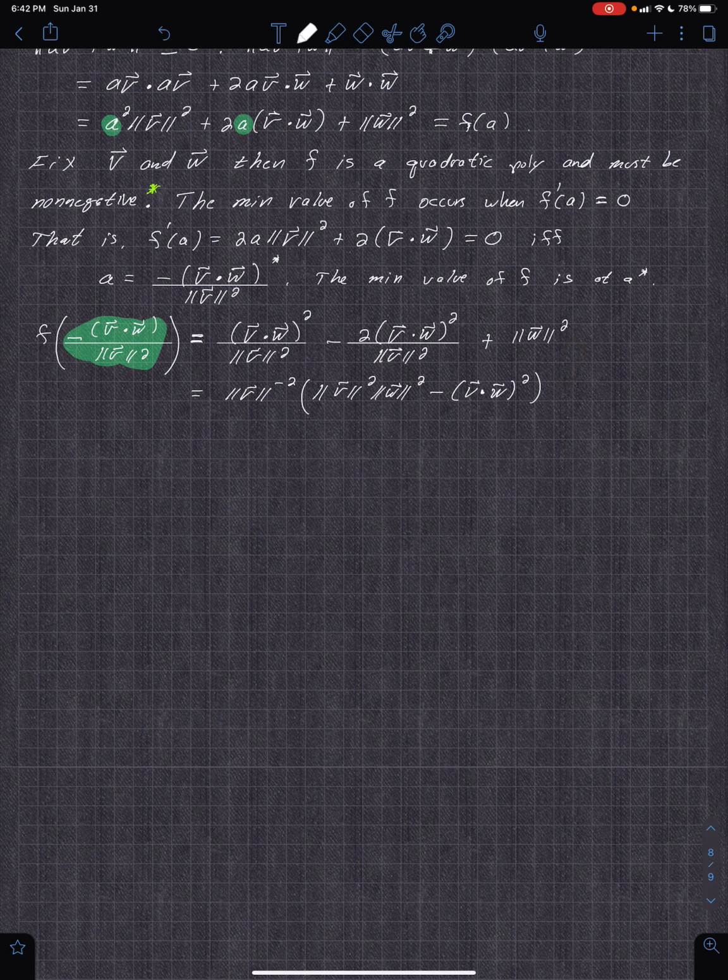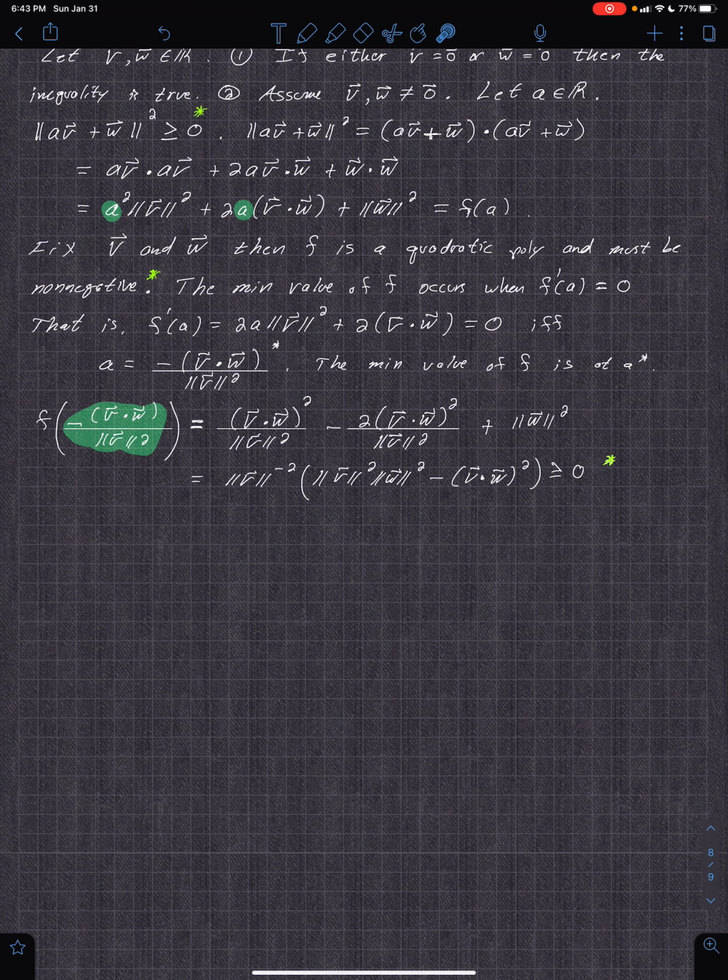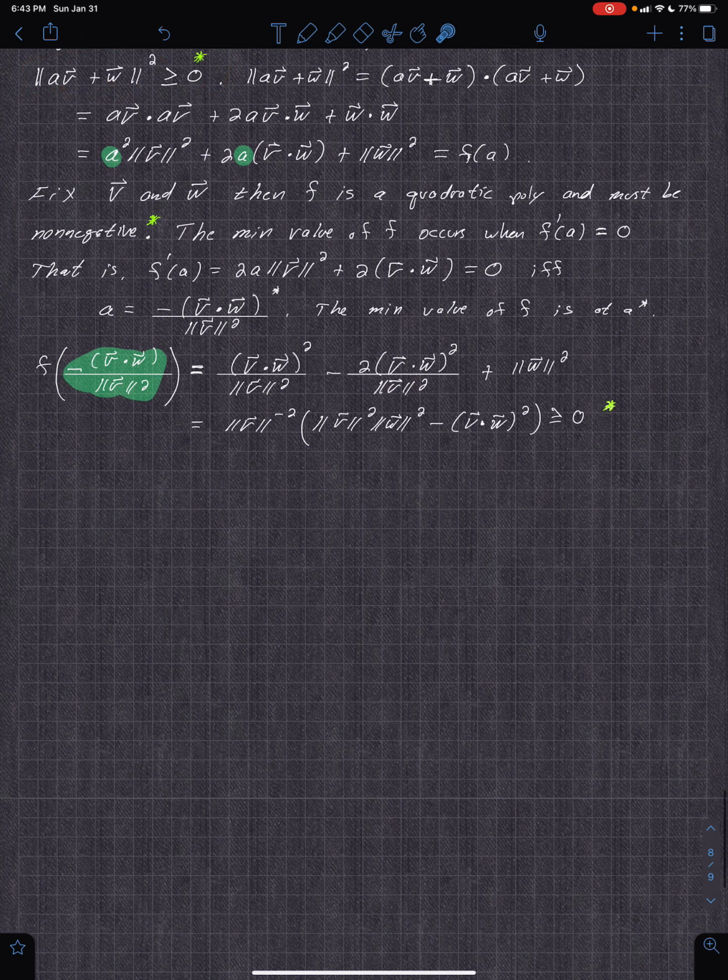That must be, because of our assumption above, or our assertion above, greater than or equal to 0, even though it's the minimum. That's greater than or equal to 0 because of this same hypothesis here, that these are both positive, magnitude squared has to be positive.